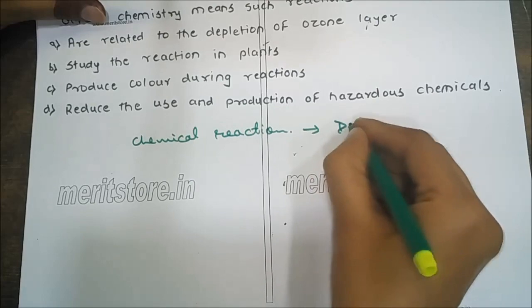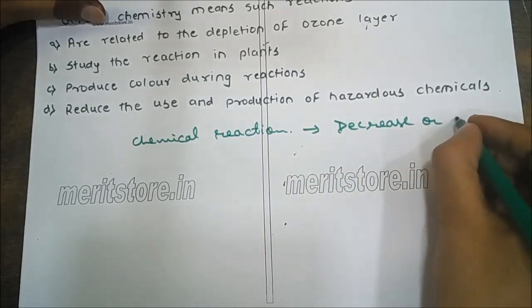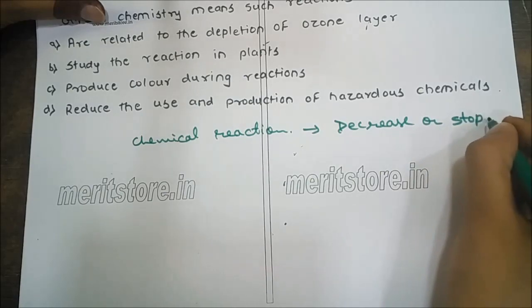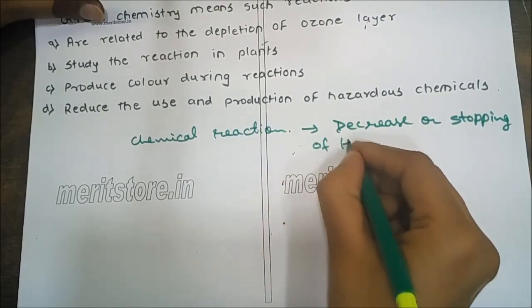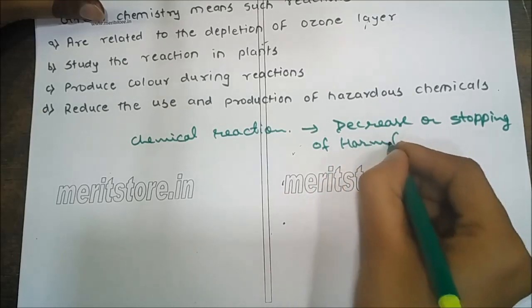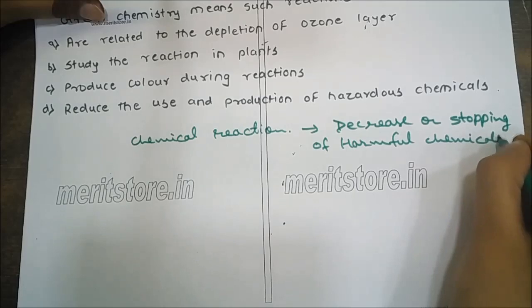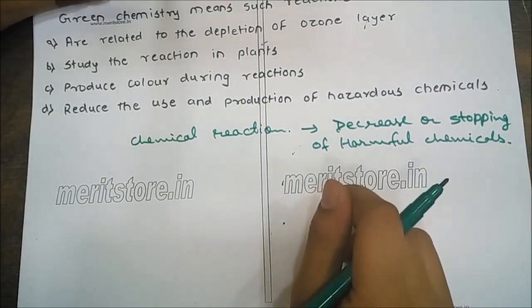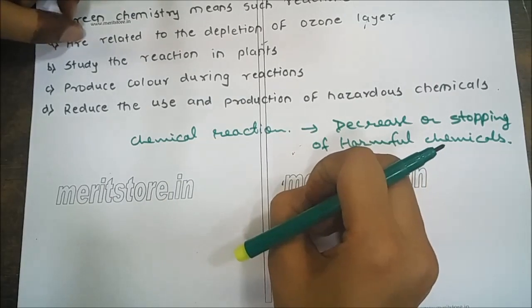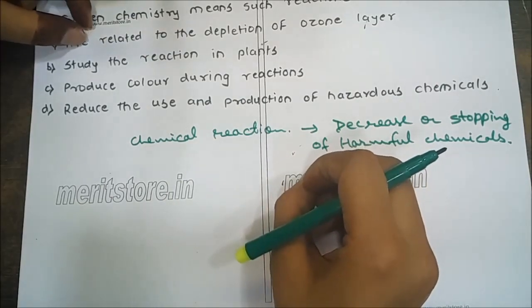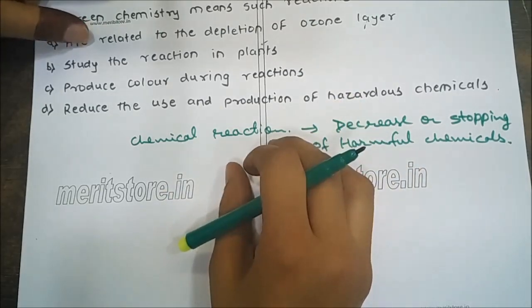Decrease, or stopping of harmful chemicals, and the aim of green chemistry is to increase the development of products and processes that reduce or eliminate the use of toxic substances.